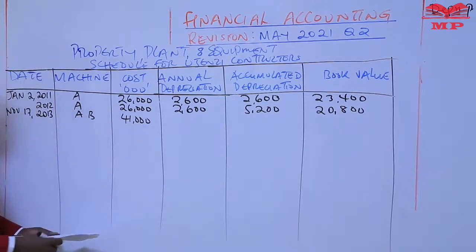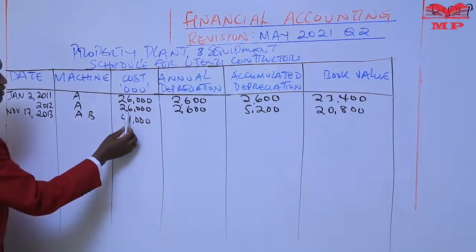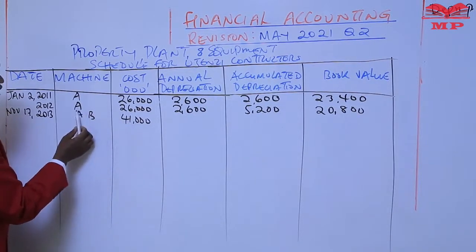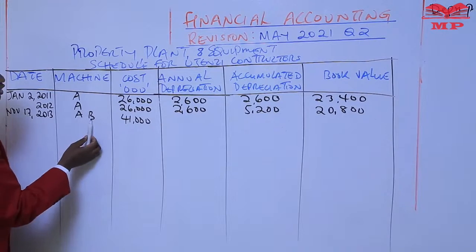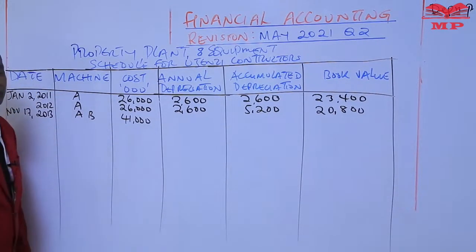Candidates, hope you have seen what I've done. I've added the cost of machine A to the cost of machine B to get 41 million.